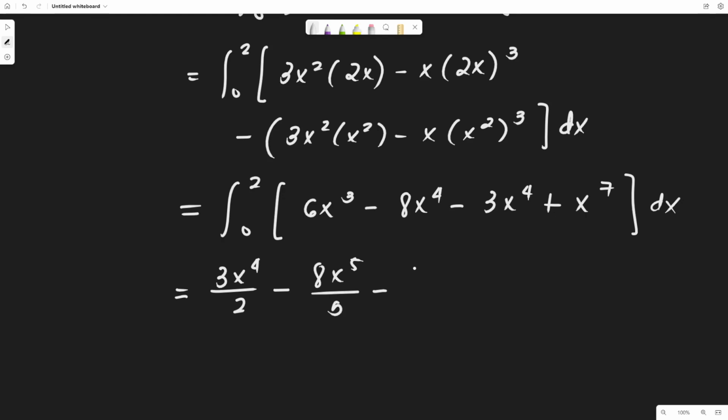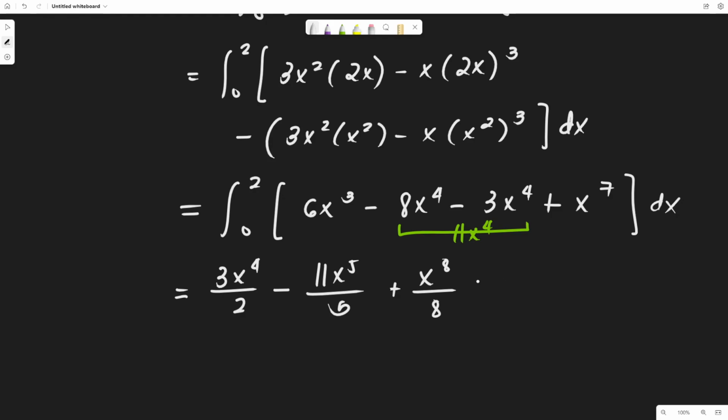Diba? Then, we have 8x to the fifth over 5. Minus, actually, ito, pwede na natin pagsamahin to 11x, lagay ko dito, 11x to the fourth. So, we have 11x to the fifth over 5. Then, plus, x to the 8 over 8. No? Ayan. Okay?